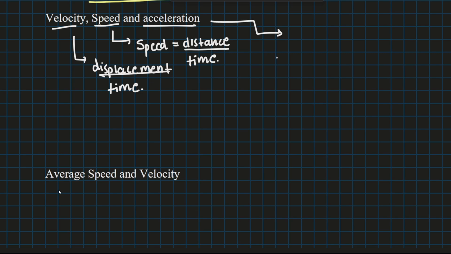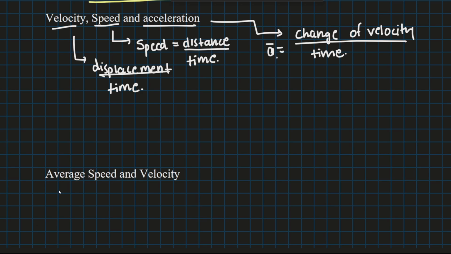Acceleration is the change of velocity upon the time. Generally, all vector quantities are denoted by bars, while the scalar quantities are denoted without bars.